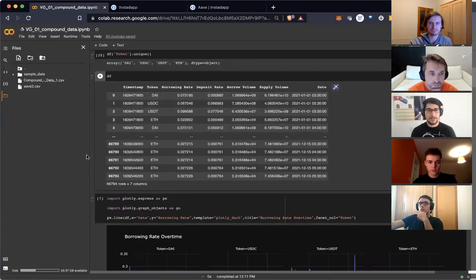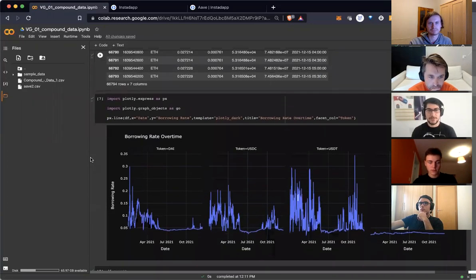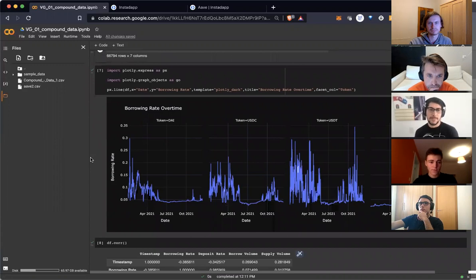If we look at the different behaviors between the different tokens, we can see that DAI has some volatility to its borrowing rate. So it's going to cost more to borrow DAI in this case. Same with USDC, and USDT is a pretty interesting one.